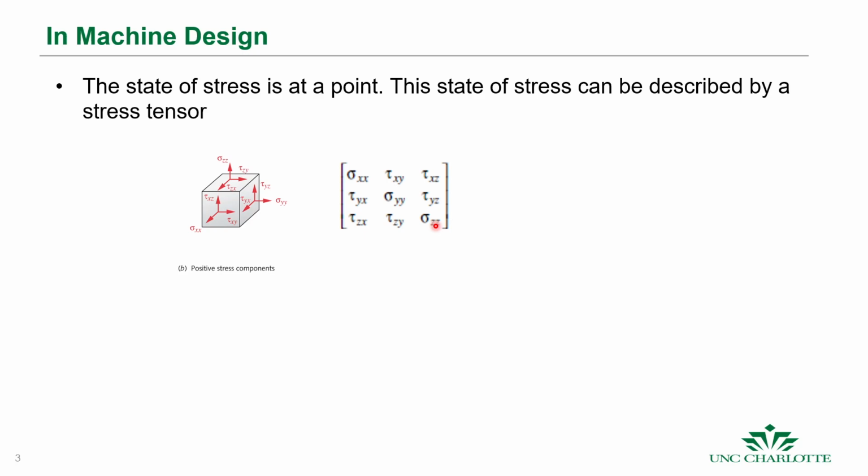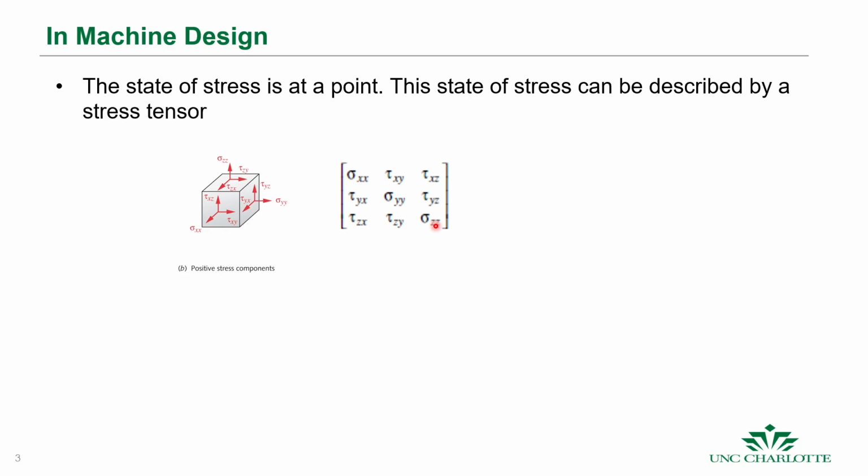fully triaxial, and here this is called a stress tensor. And in this tensor, we can capture all of the stresses on a very, very small point of material represented by this cube. We're only showing 3 of the faces, but the other 3 are hidden just to make it easy.